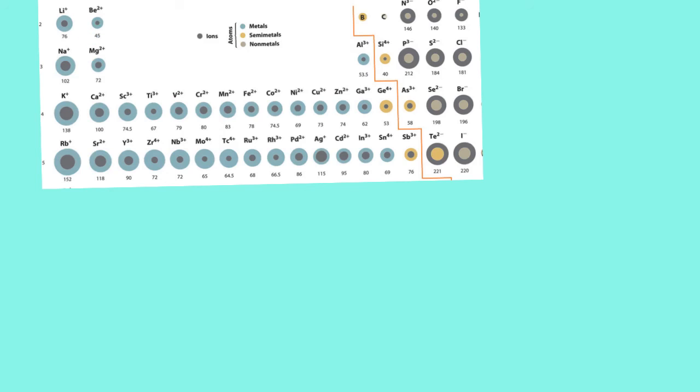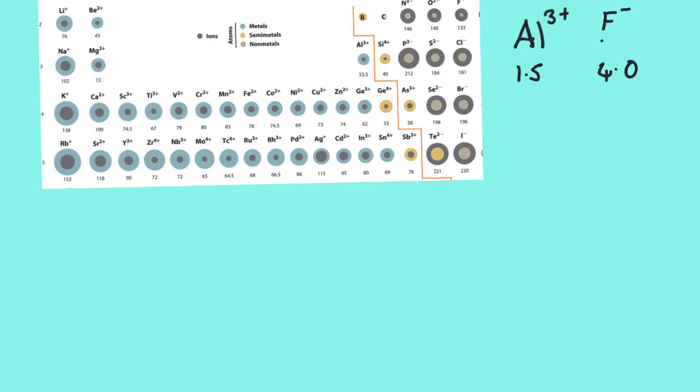So if we look at aluminium, with its very high charge and its small size, it is going to be highly polarizing compared to rubidium, which has only a single positive charge and a much larger radius. Rubidium ions are not going to be polarizing. So it follows that compounds that contain aluminium are going to have a lot of covalent character.